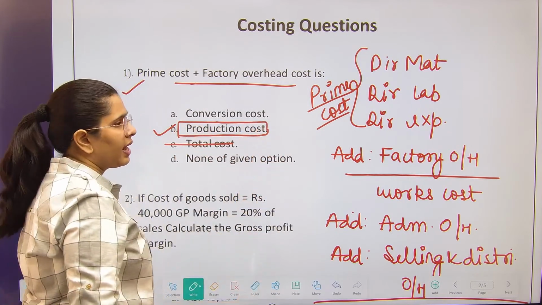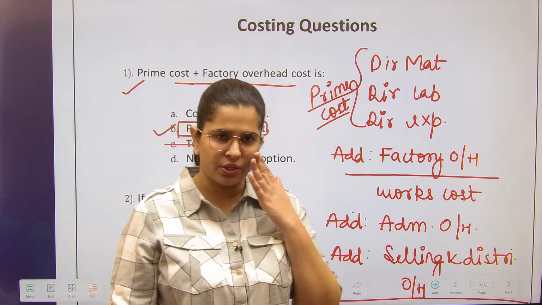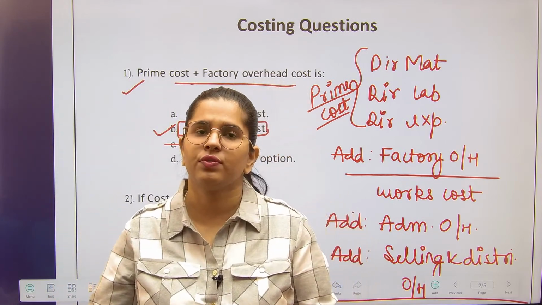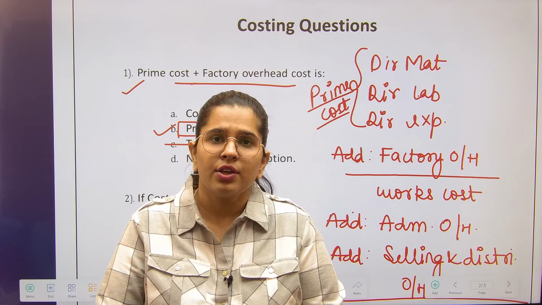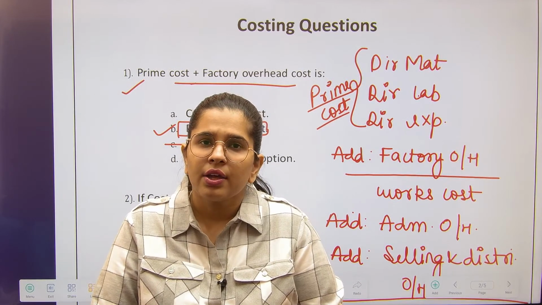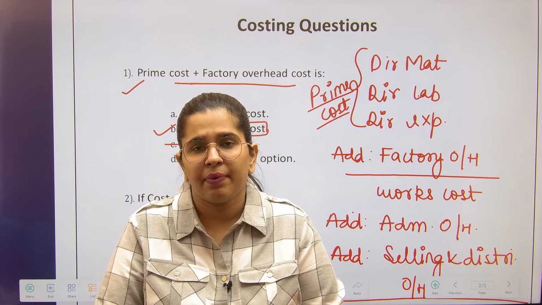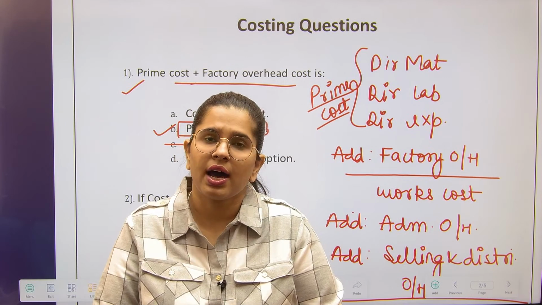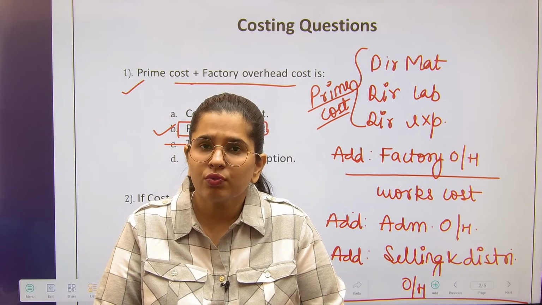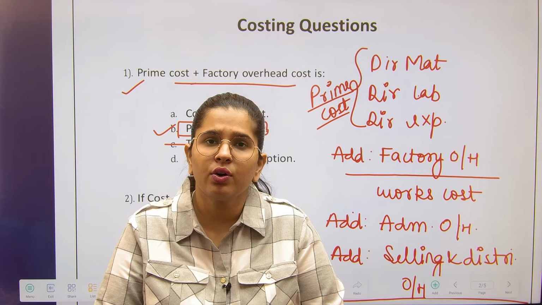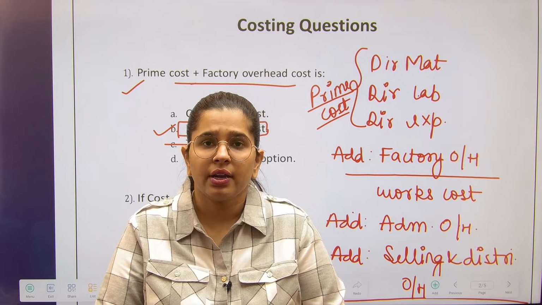And I have analyzed the pattern of your examination, like your PFRDA examination. What happens is that primarily theoretical questions are asked from costing, and those questions are very basic, very conceptual in nature, right?